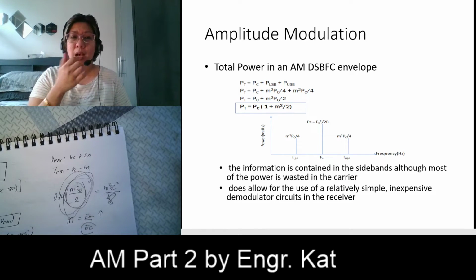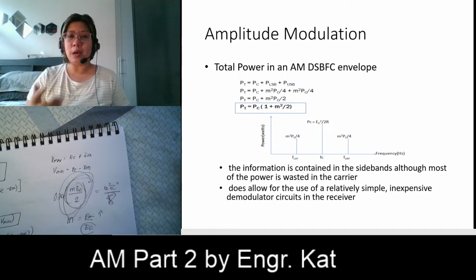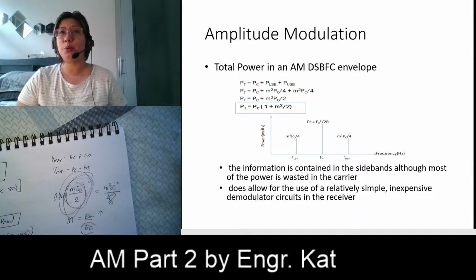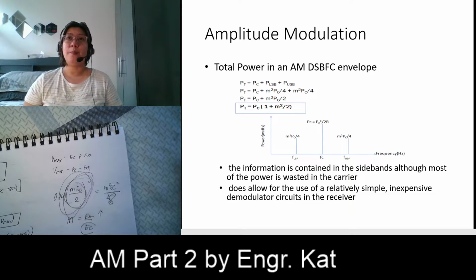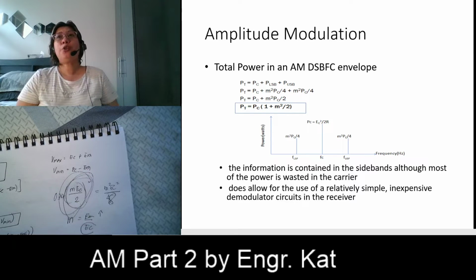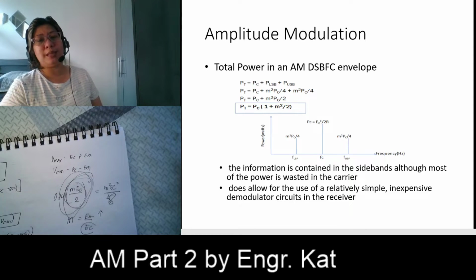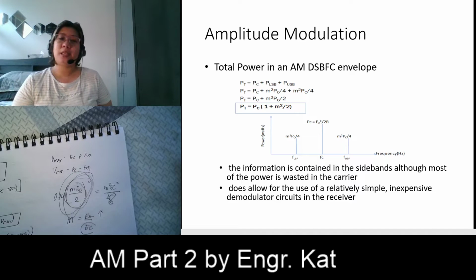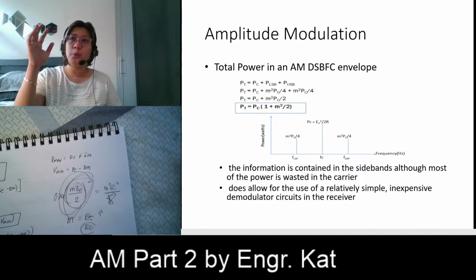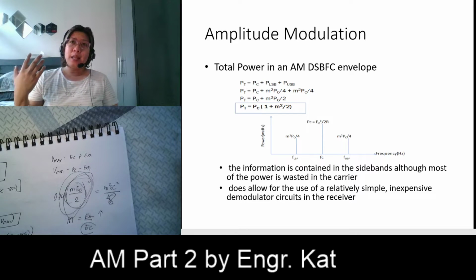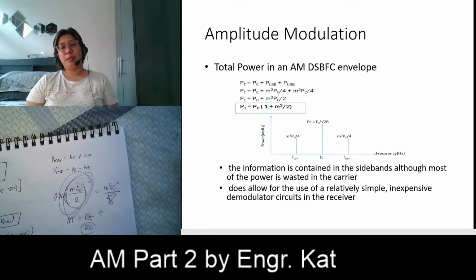Because of this setup, it allows for the use of a relatively simple and inexpensive demodulator circuit. So this is one of the major advantages of AM. It doesn't need a complex receiver for you to receive a conventional AM signal.